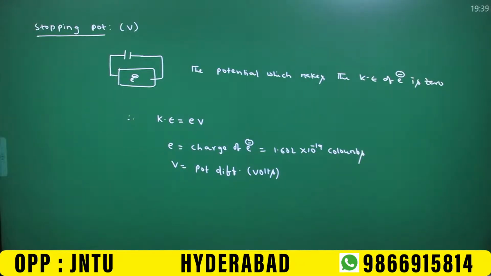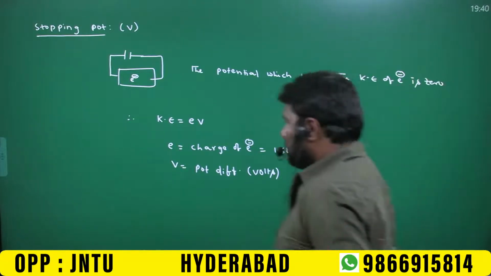The number of photoelectrons always depends on the intensity of the light.